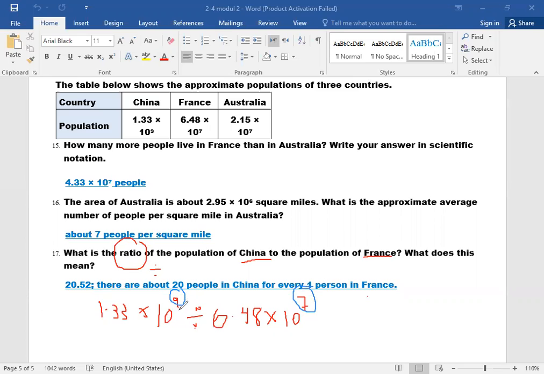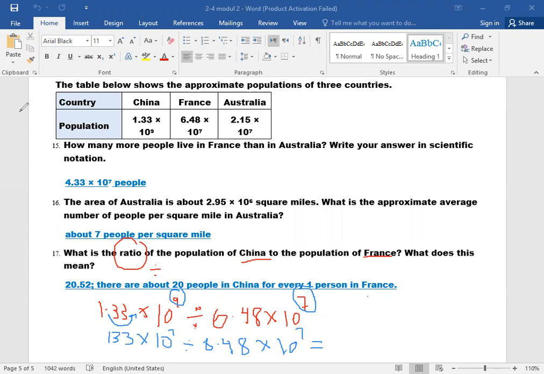To decrease this one 2 digits, we have to move the decimal point 2 digits to the right, which means it will be 133 times 10 to the power of 7 divided by 6.48 times 10 to the power of 7.